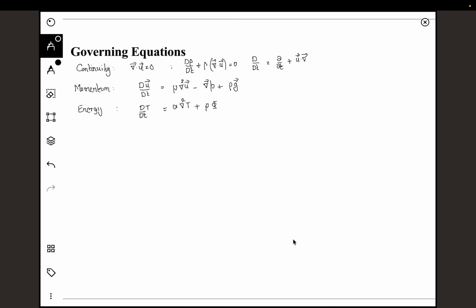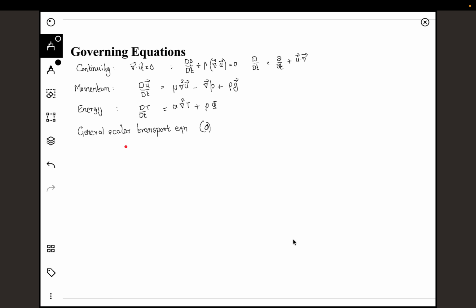And then the general scalar transport equation is also something we started out with, where we have a scalar phi that is being transported because of advection.